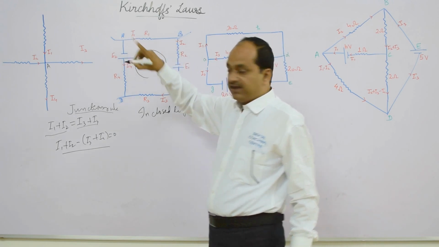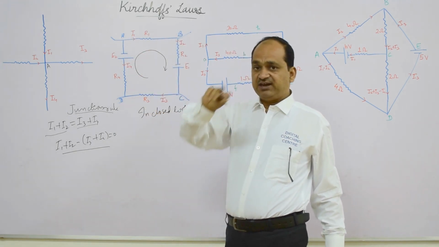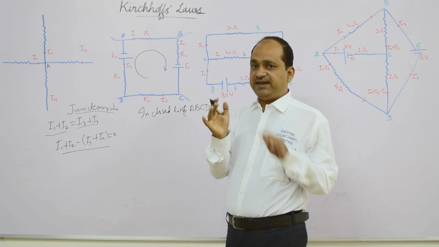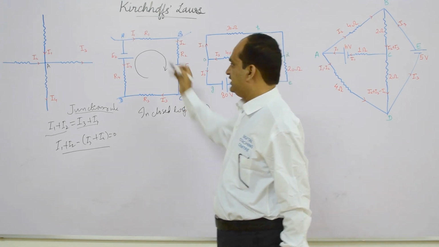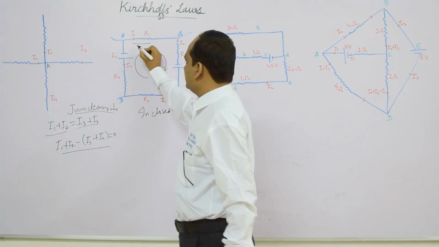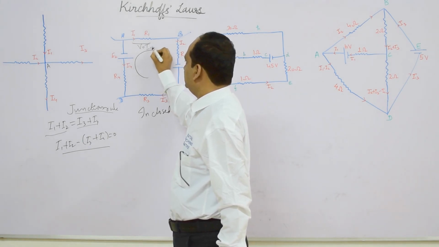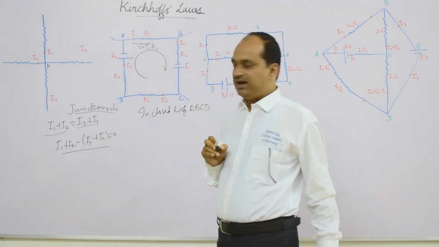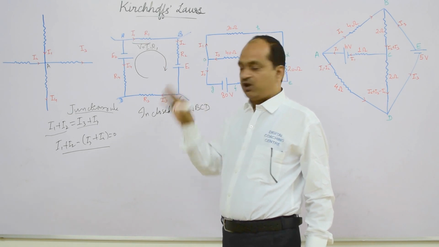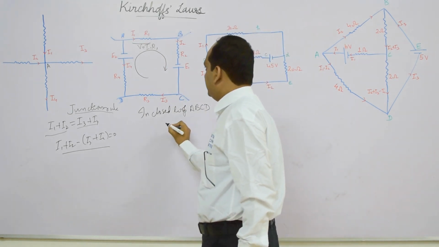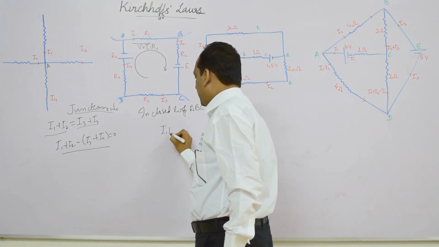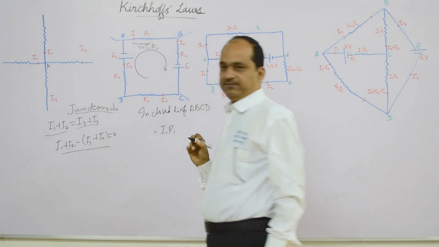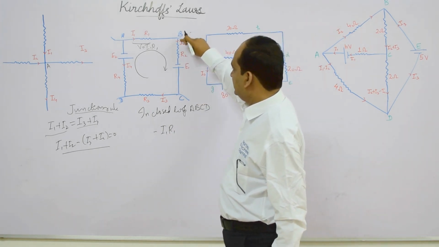Now the current is in the clockwise direction. If the current is in the clockwise direction, take its sign as negative. So its potential is V equals I1 R1 with a negative sign, and then move to the next resistor.